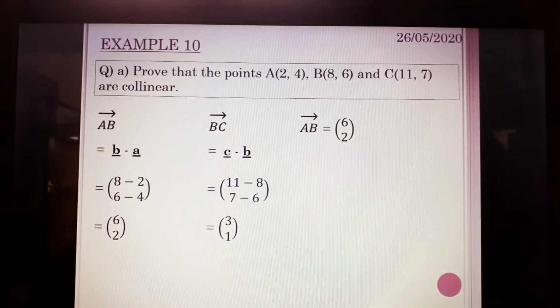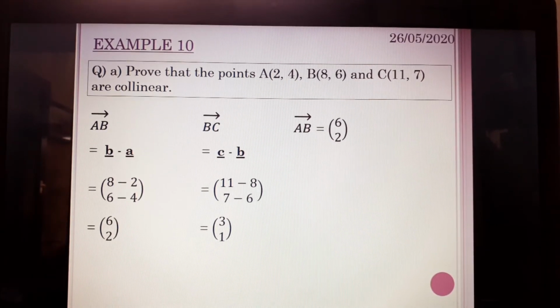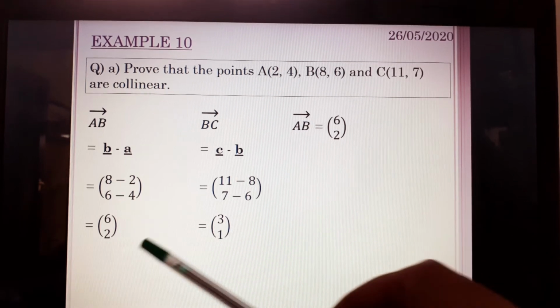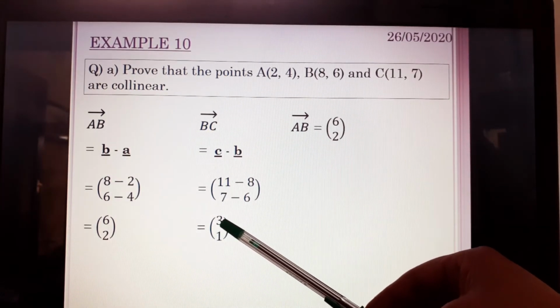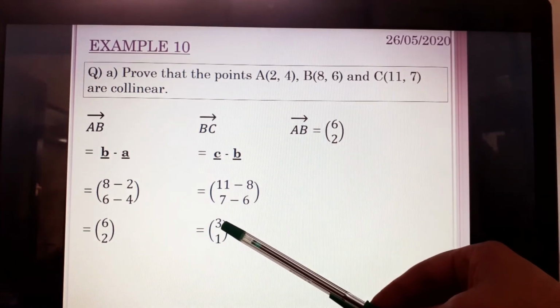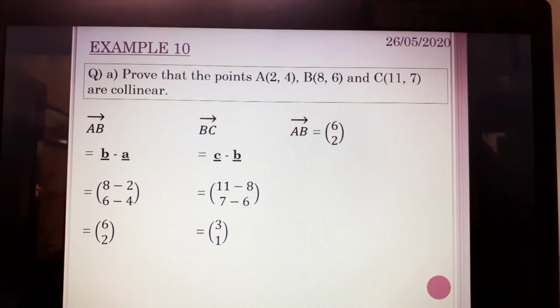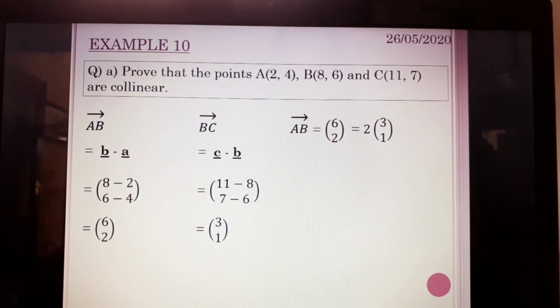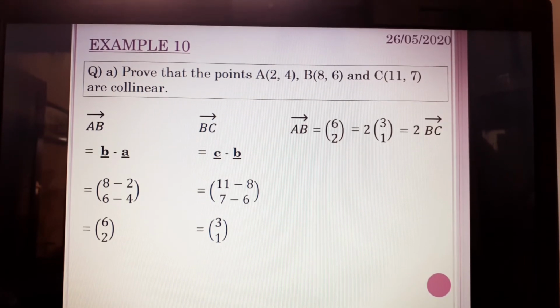Now here we have a reminder of what AB is, which is (6, 2). And if you look at the top two numbers, can you say that this is something times this, or maybe a fraction of this? 6 is actually 2 times 3, and 2 is actually 2 times 1. So we can see that AB, which is (6, 2), is 2 times the second vector, BC.